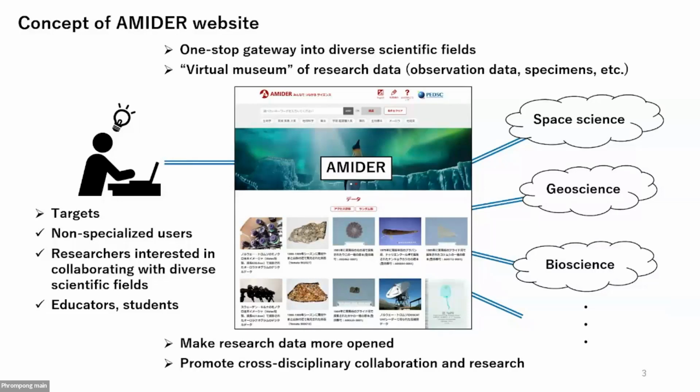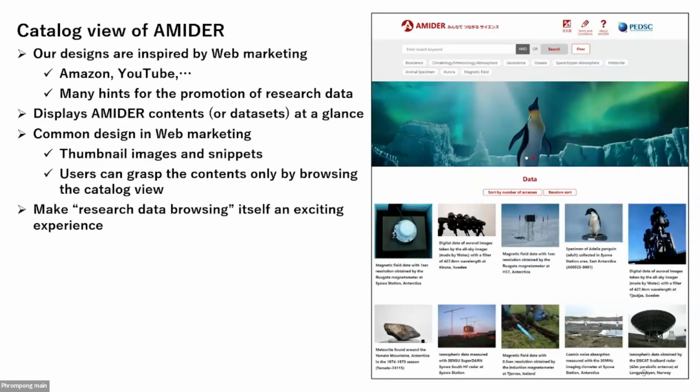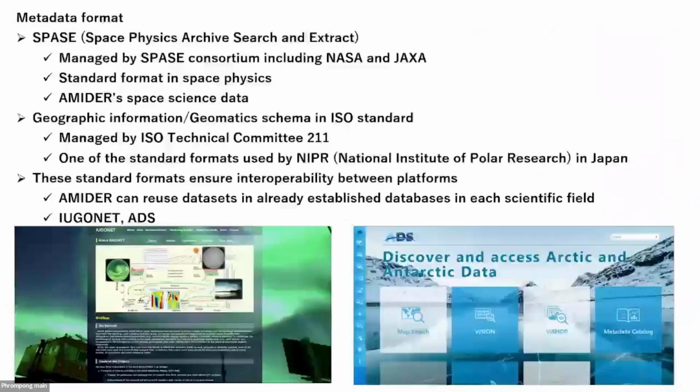At the current moment, the major contents of AVIDA are from already established databases, such as Ugonet or ADS Japan. They are already open, and we collect them and provide another promotion scheme on our website.